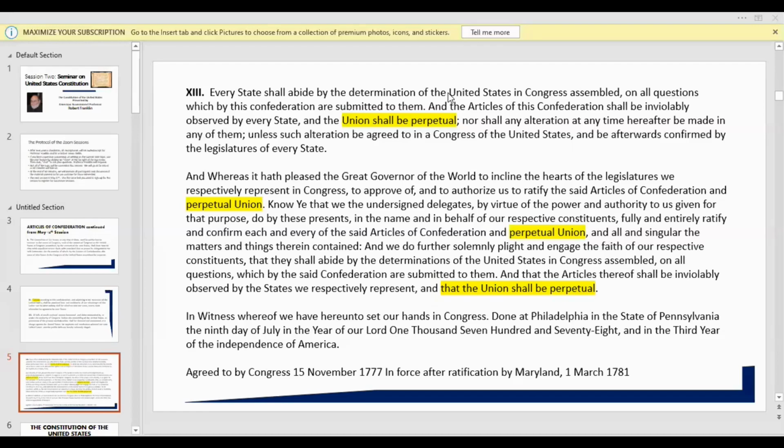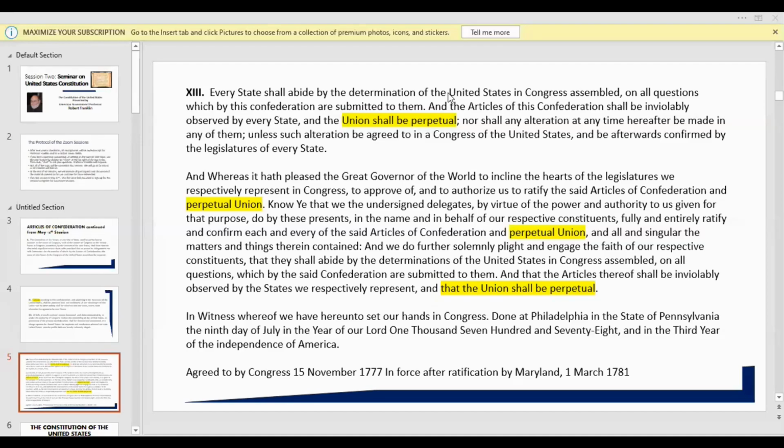But it doesn't become ratified until 1781. This 4-year period is kind of interesting. And why did it take until November of 1777, fully a year and a half after the Declaration of Independence, to even write a document that created a national government, although a weak national government?